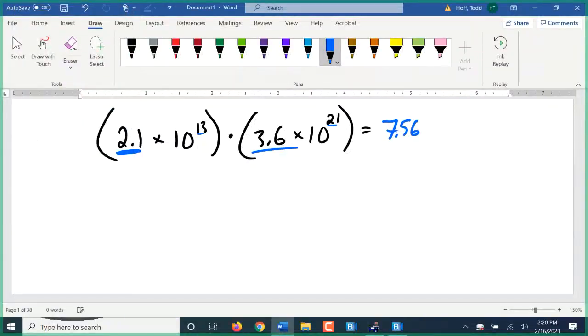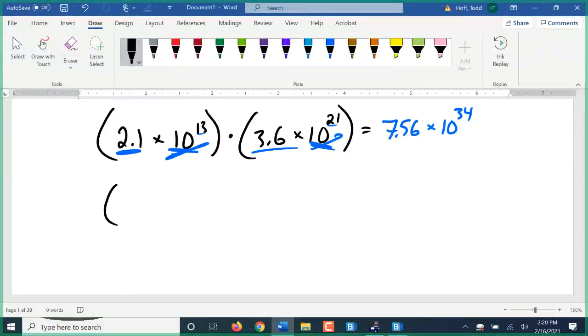Then we also combine the names. So we have 10 to the 13th times 10 to the 21st. When we multiply exponents that have the same base, both of those have a base of 10, we add the powers. So 13 plus 21 is 34. That's 10 to the 34th.